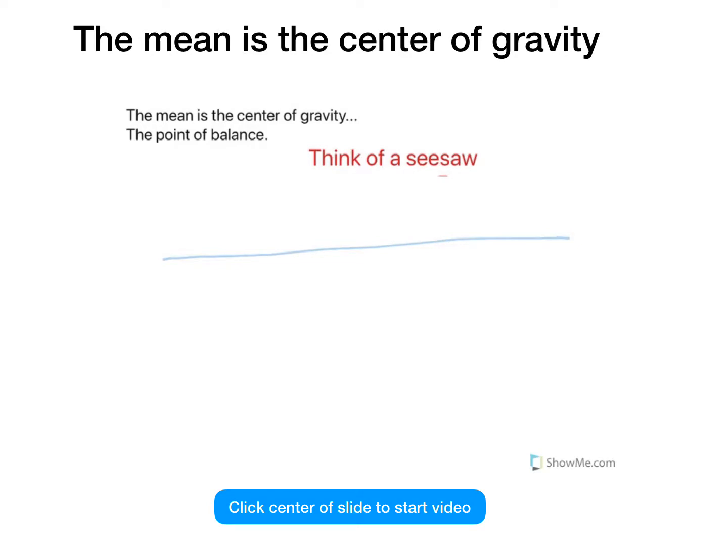Now in our scenario with the cat data, although I'm not drawing cats, I'm still drawing little kids for some reason, think about it: you have all the regular, normal size scores on one side of the seesaw. I don't think I'm going to draw all 8 of them, and then we have the one really big outlier, the lady with 22 cats, on the other side.